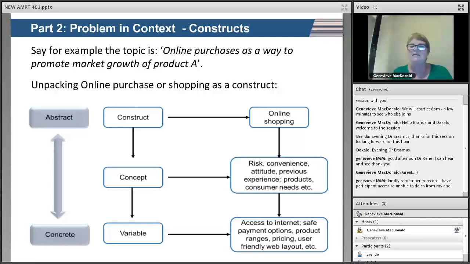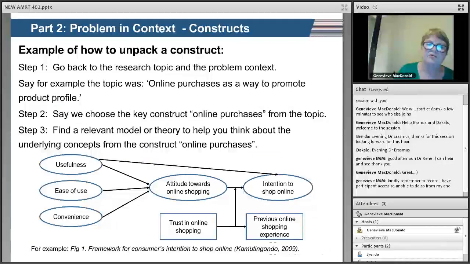So you can see online shopping, abstract. The concepts, you are picking up a lot of concepts there. Risk, but the risk also has components under it. Previous experience, products, consumer needs, all of them still have some variables under them. But then at the bottom are your actual variables, the base units that you are looking at, that you will ask questions about if you are doing online shopping as a topic.